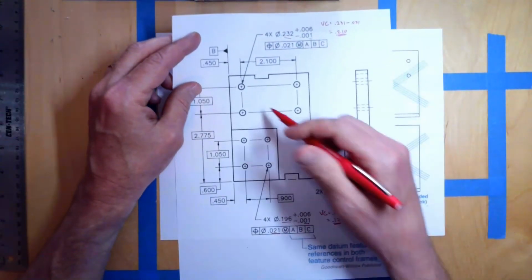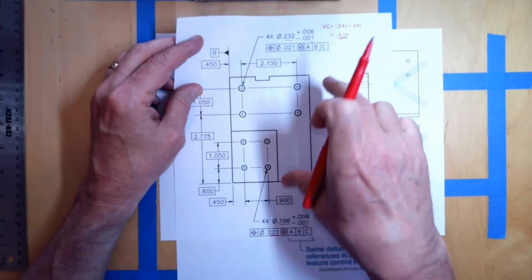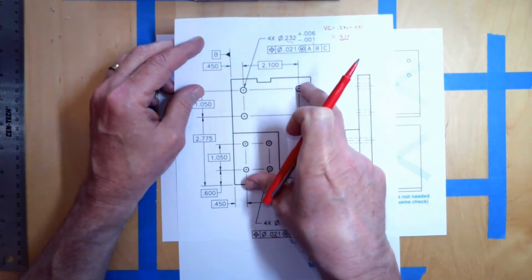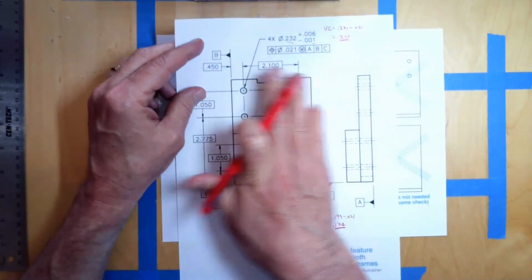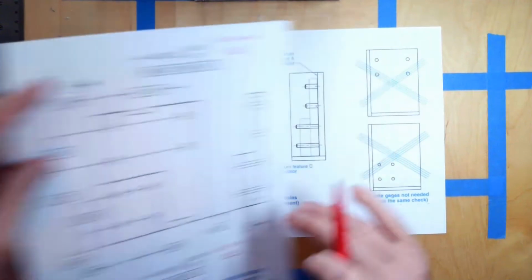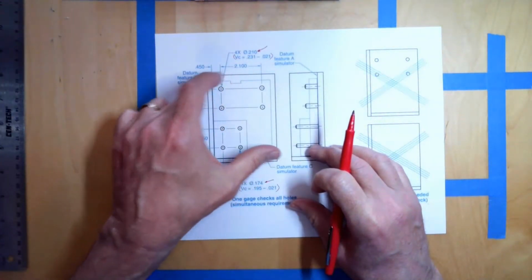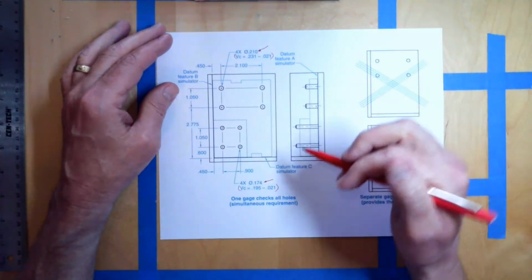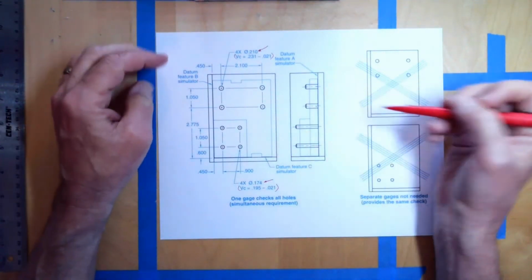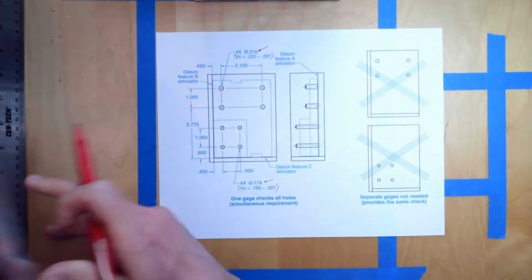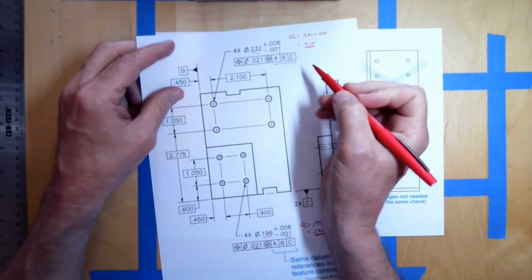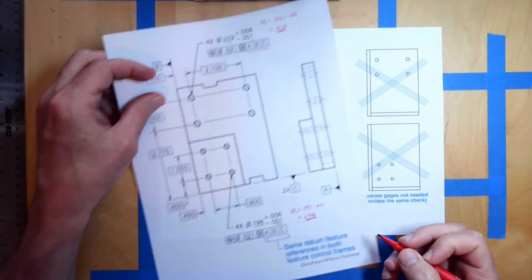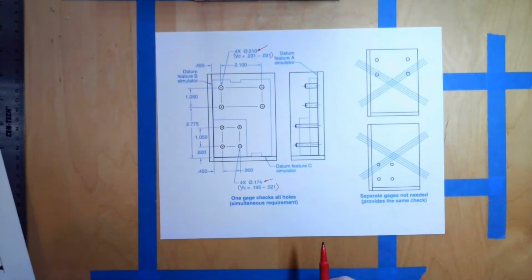Then our job to check whether this is a good part is to take it and place it down on top of those 8 pins on the bottom surface, against B and over against C. And if we can get that plate to be in there, then it's a good plate. Okay? We do not need a second gauge. Why? Because we have one datum reference frame here and the same datum reference frame here. So we don't need separate gauges.